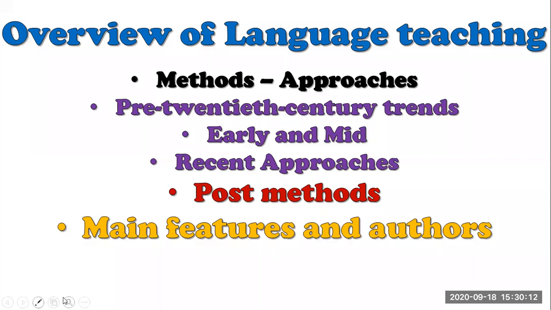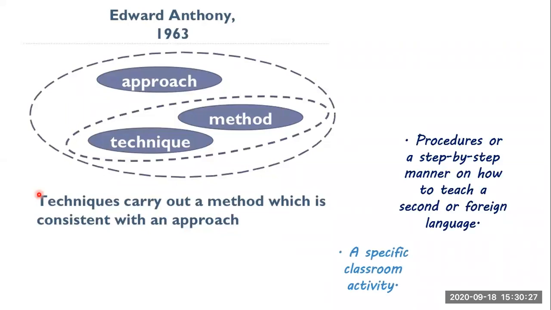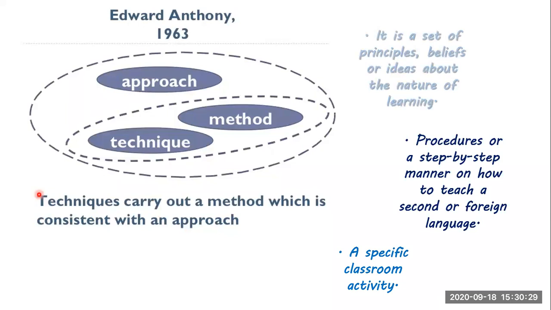As you know, I was saying that Edward Anthony was one of the first applied linguists who could differentiate among these concepts. Number one, we have approach, which is a set of assumptions, or the way in which we understand the nature of learning.